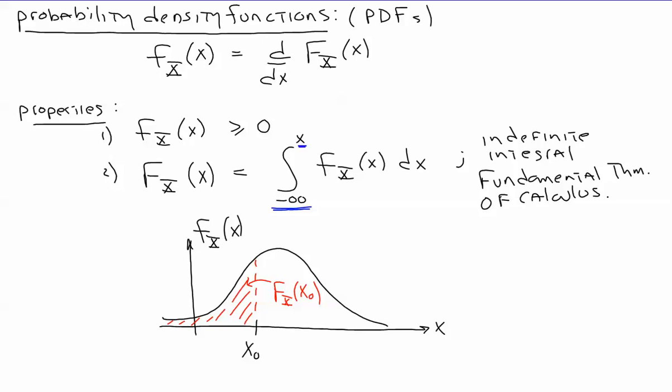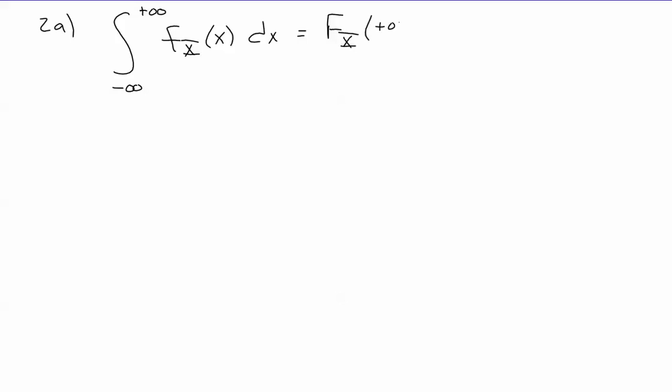A corollary to my second property, let's call this property 2a, is that if I integrate from minus infinity up to plus infinity, this is my cumulative distribution function evaluated at plus infinity, and that's exactly 1.